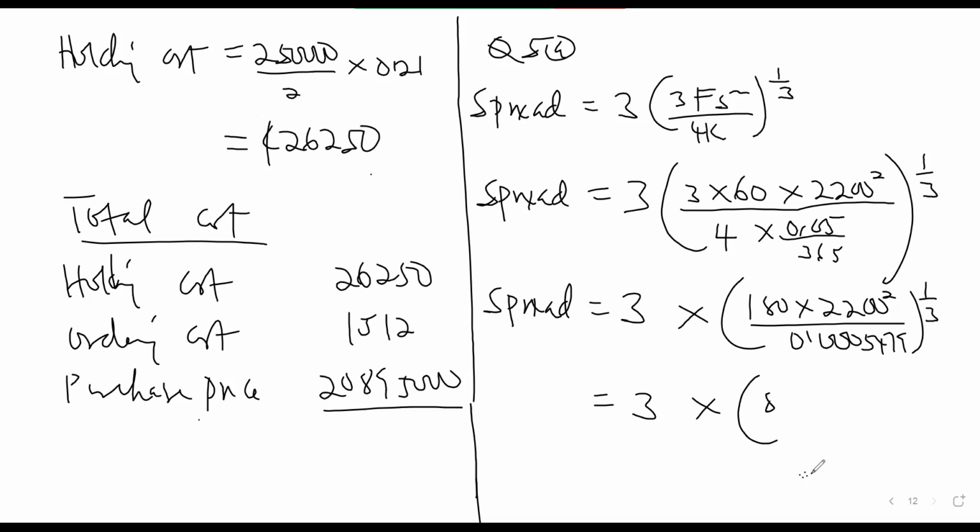I'm having 81,87,12,100,000 over 0.0005479, all exponent 1/3. Please let's do it and give us the answer first so that we move on.